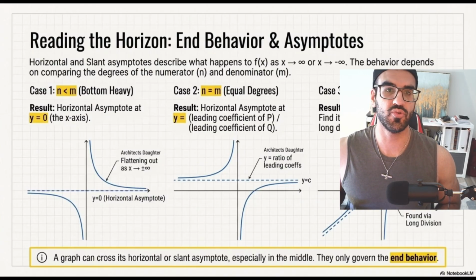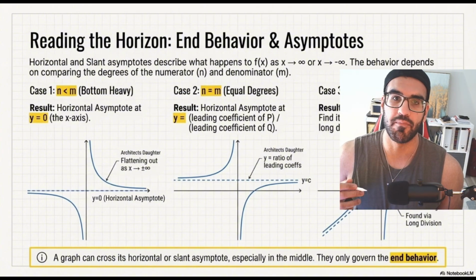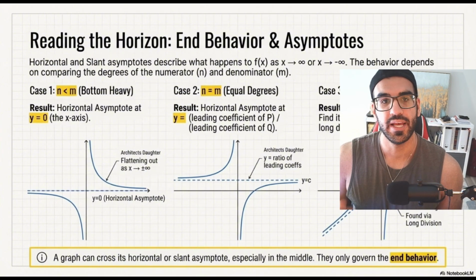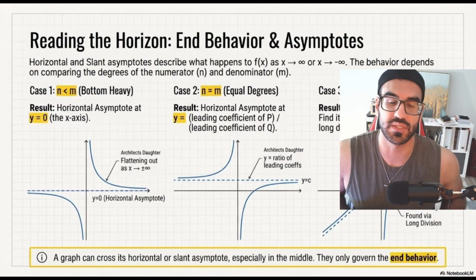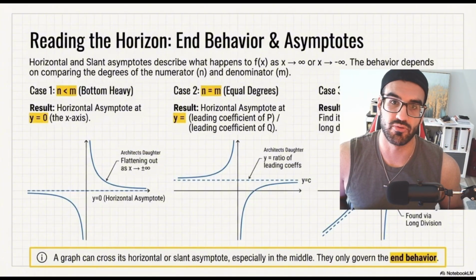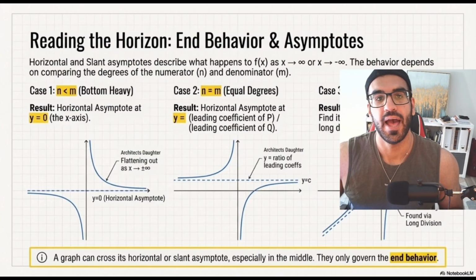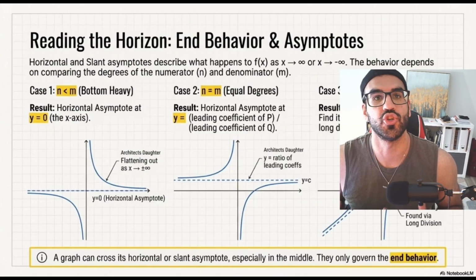Degree means that if I have a polynomial, the highest power of my factor, which could be x or anything, is considered my degree. If I have x to the power 4, the 4 is the degree. If I have x to the power 2, 2 is the degree, right? So I consider that one as the degree of the numerator, and I'm going to consider another degree for the denominator. So I'm going to compare those.